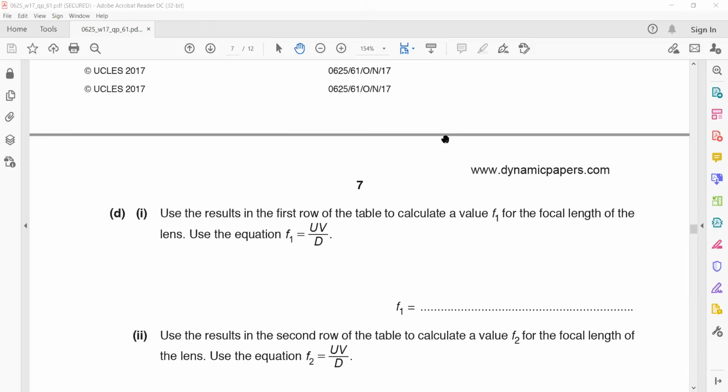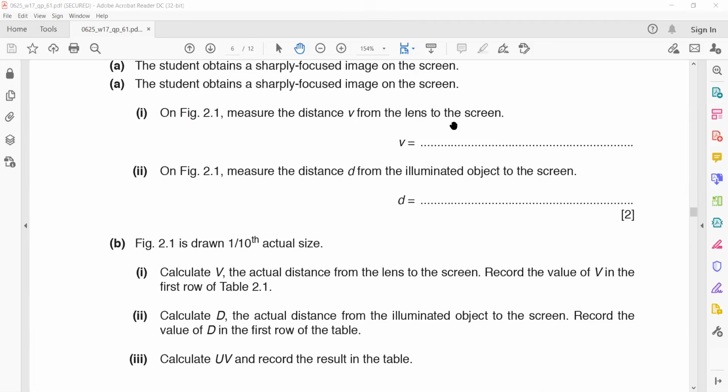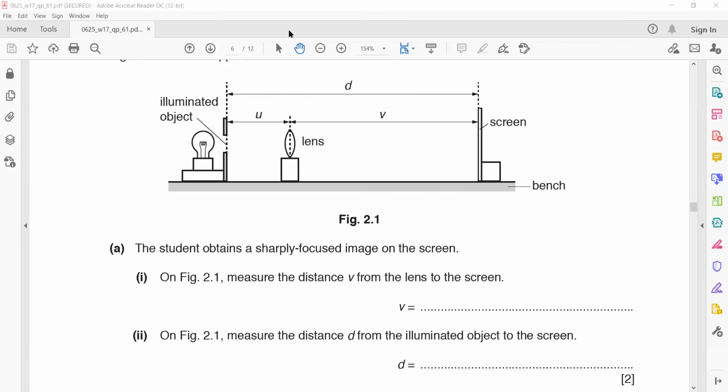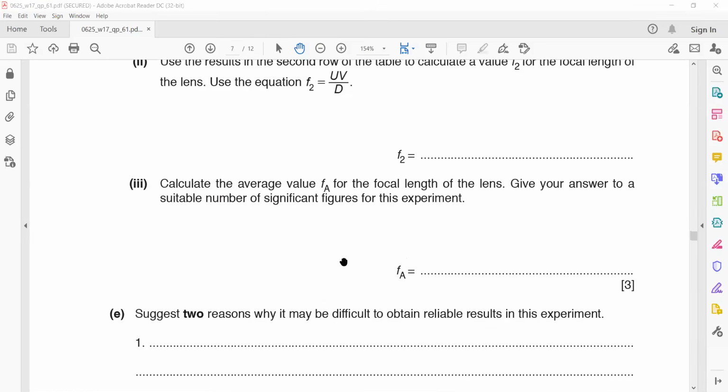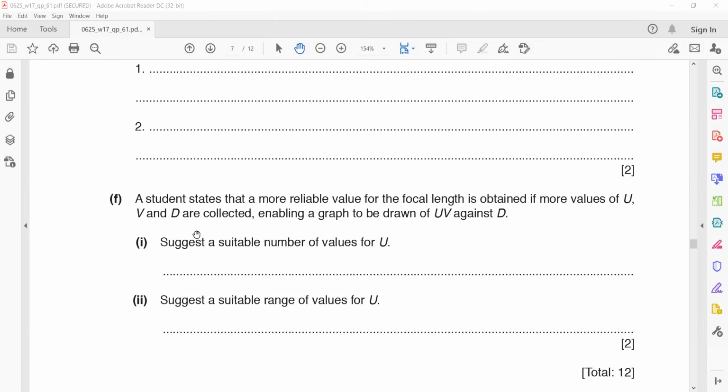We are doing all the measurements from the center of the lens, but as this lens is there, it will be difficult to exactly recognize where the exact center of this lens is. So this difficulty is there, or it is difficult to obtain a sharp image on the screen. These are difficulties related to this experiment.